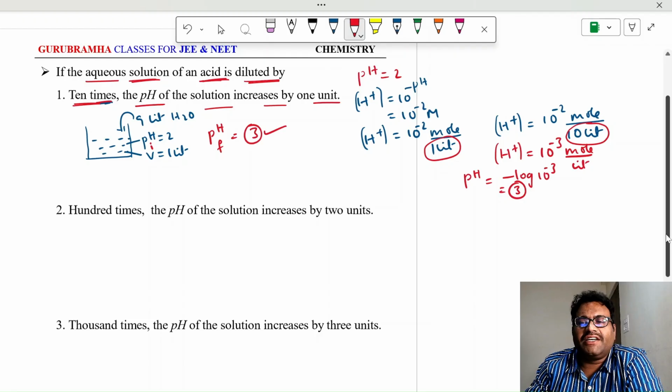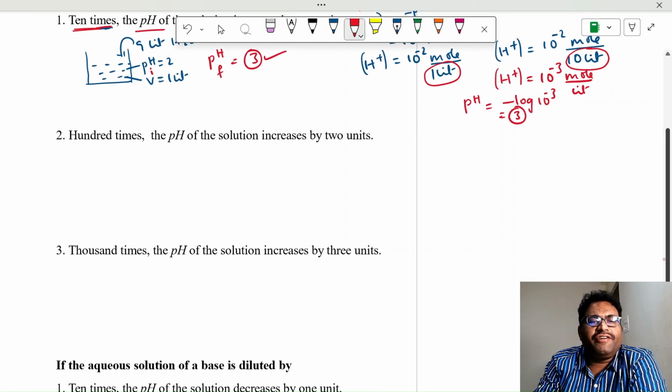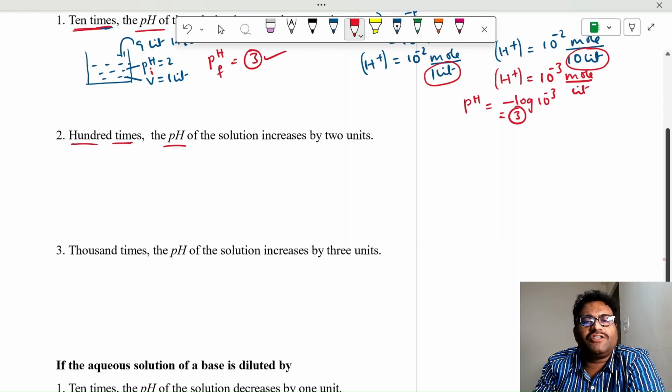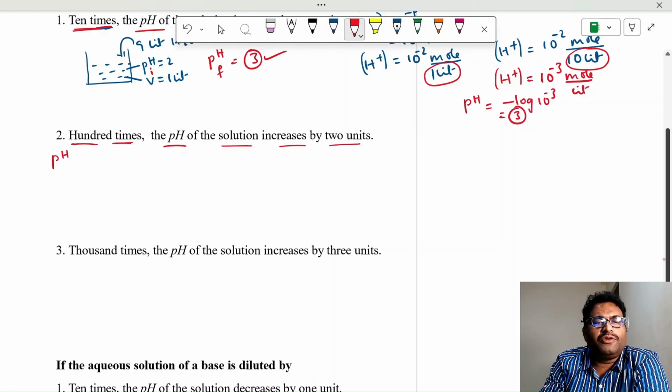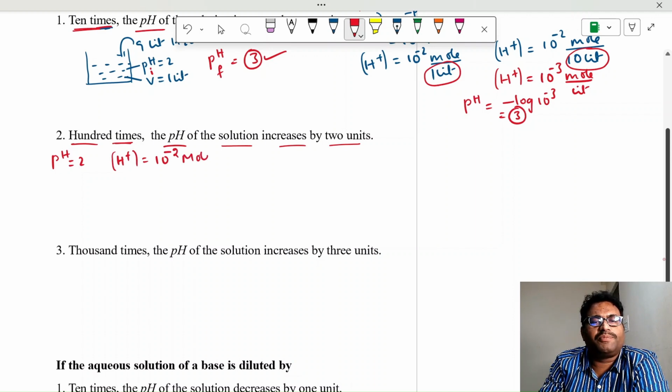The same is asked next. Here you see, if it is diluted by 100 times, the pH of the solution increases by 2 units. The same problem, let us take pH is equal to 2. That means H plus ion concentration is equal to 10 power minus 2 moles per liter, 1 liter.